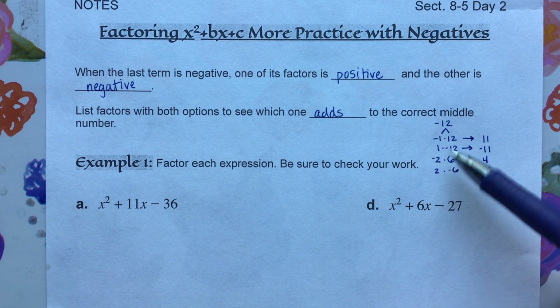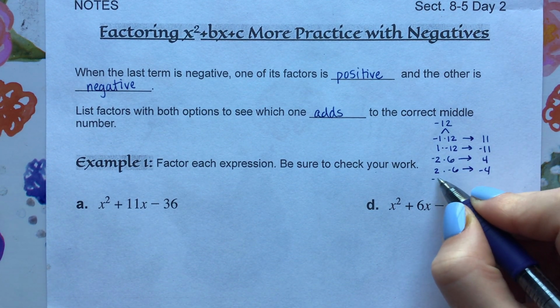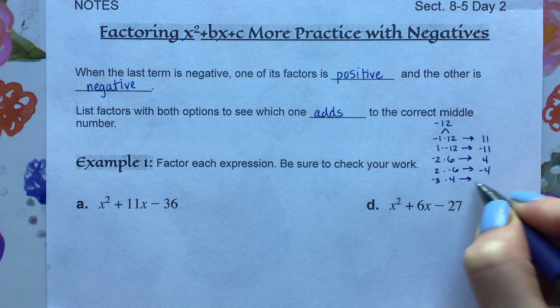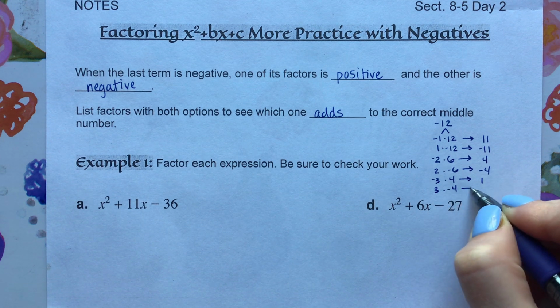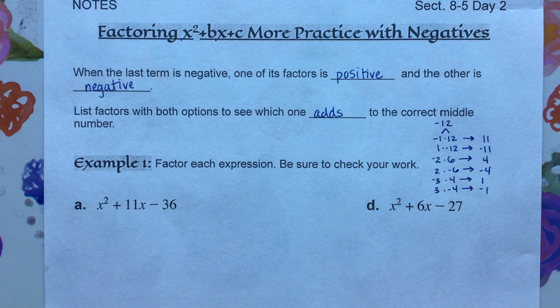We could keep going with 3 and 4. Negative 3 times 4 would add up to positive 1, or positive 3 times negative 4 would get us negative 1. That's why we need to make sure we're listing multiple options so we know which pairing we need to use. So let's jump in with this first example.